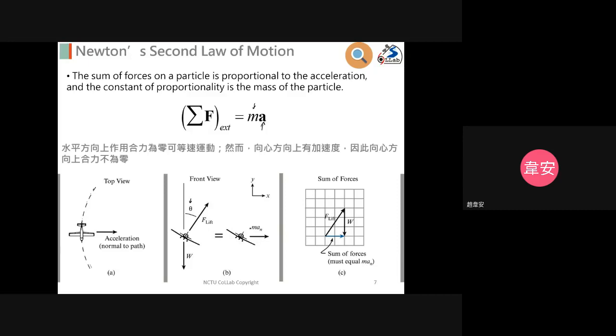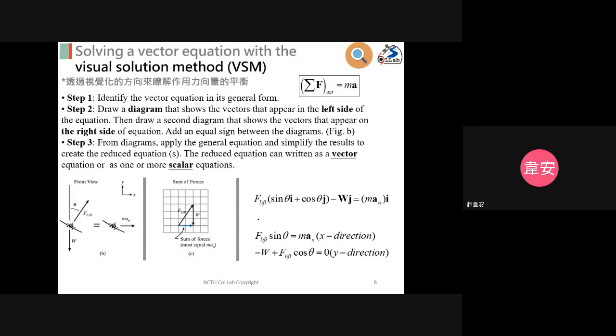So we will have an external force along the x direction. We call that a_n, the acceleration normal to the path. That summarizes what we need to do.